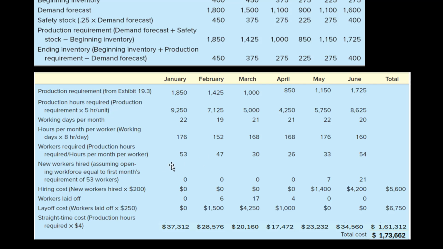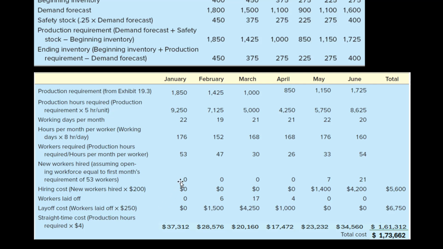Now once we have 53 workers, and we already have 53 workers, we do not require to hire anybody, we do not require to fire anybody. That means for this month our hiring cost is also zero and layoff cost is also zero, right?